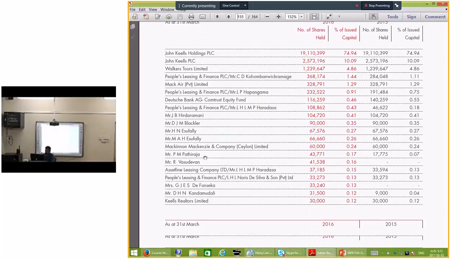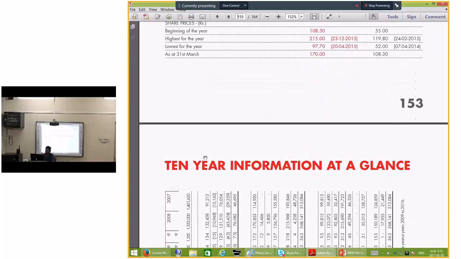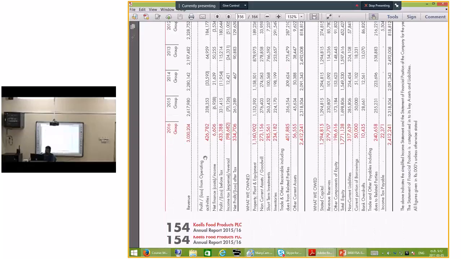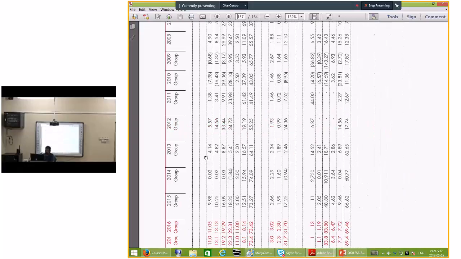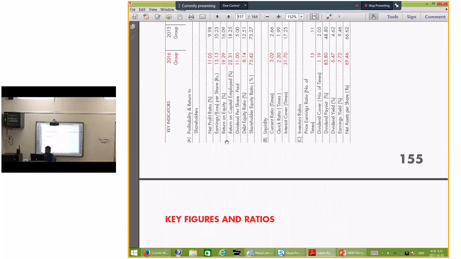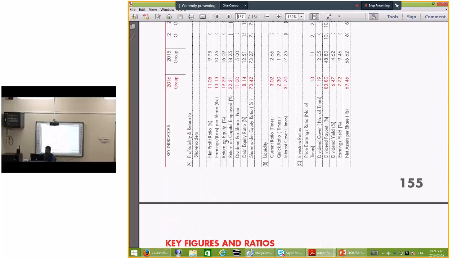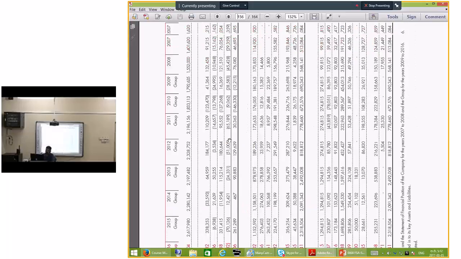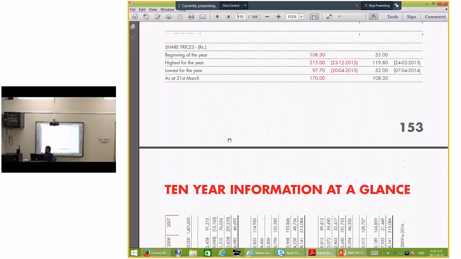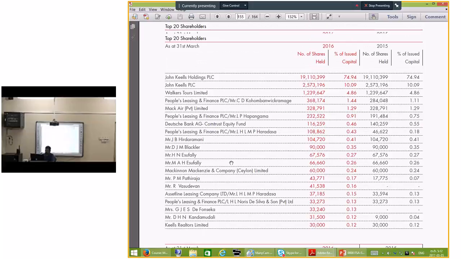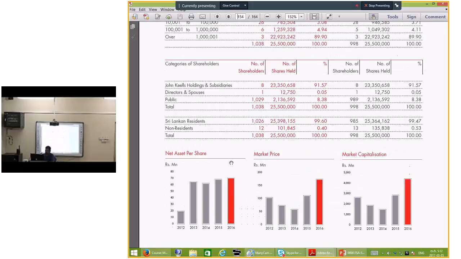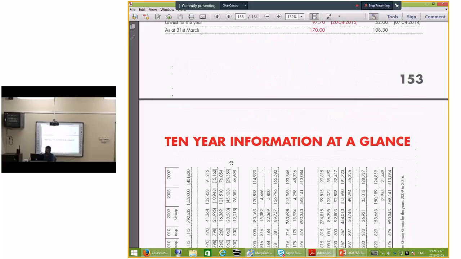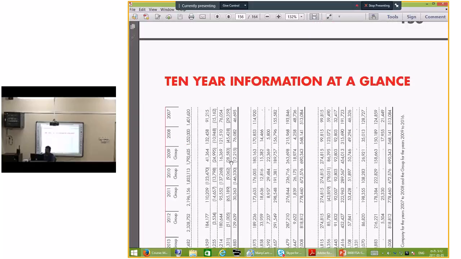In addition to that, there are a number of highlights here. Financial highlights here. 10-year information. Information at a glance.